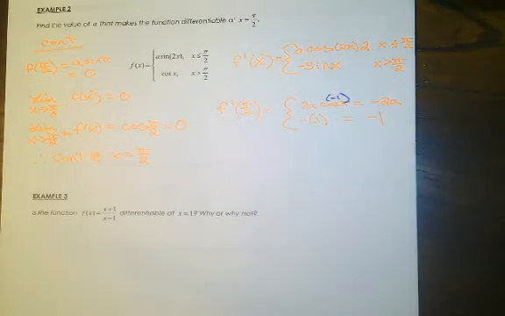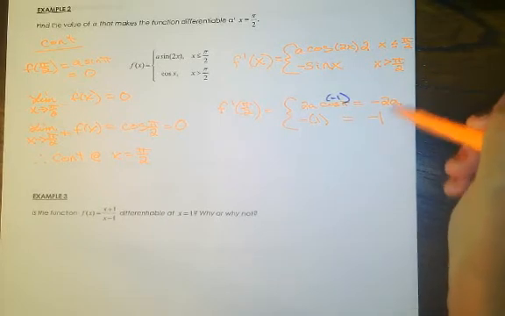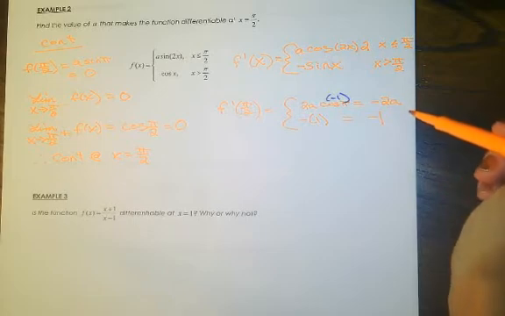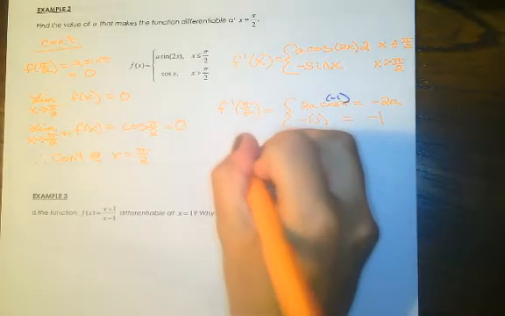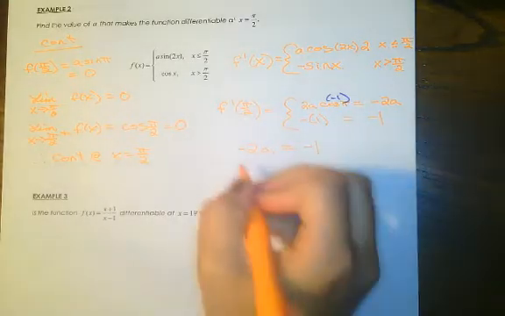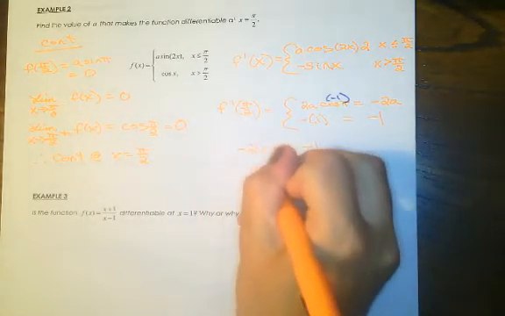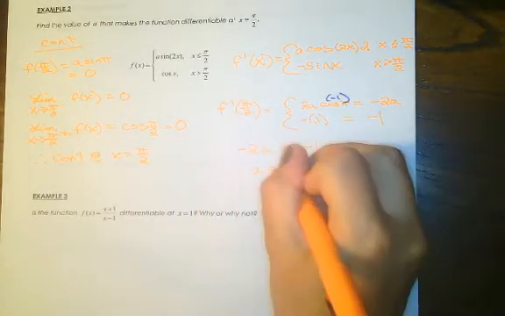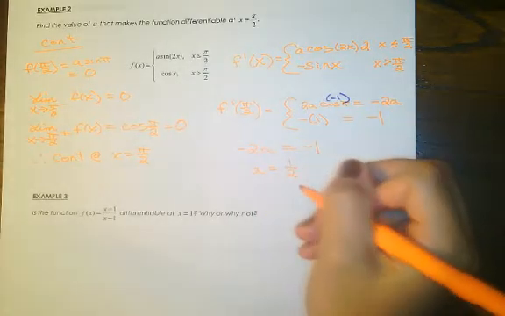Now keep in mind the question: we want to know what value of a makes this differentiable. In order to be differentiable, these two things need to equal each other, okay? So when would negative 2a equal negative 1? You just solve for a there, divide both sides by negative 2, and so when a is 1/2, this would be differentiable.